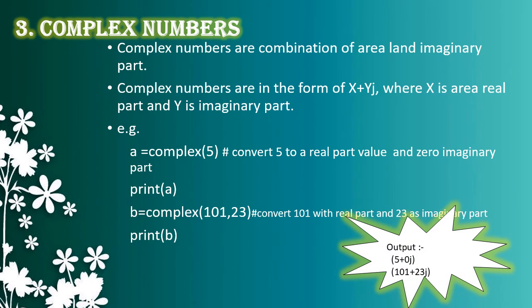And printing these values, see here 5 plus 0j, because in the first statement only one integer was passed, so that's a real number. The imaginary part is not available, so it comes as 0j. In the second one, 101 is real and the imaginary part is 23.